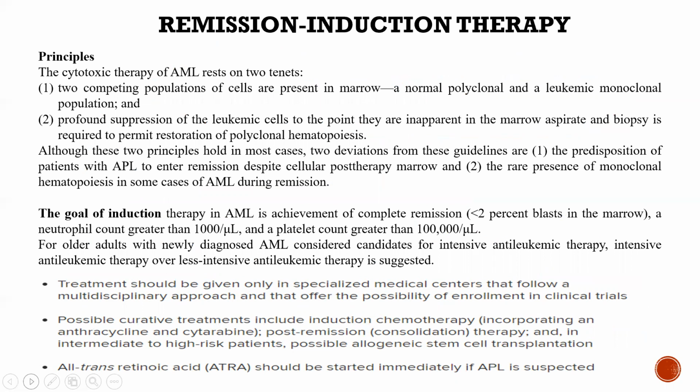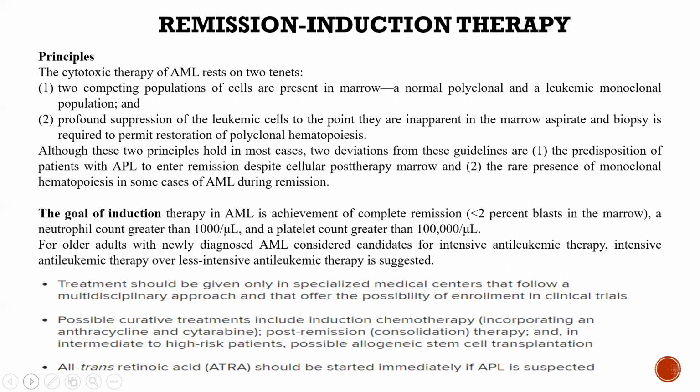In remission induction therapy, the principle consists of 2 tenets. Competent populations of cells are present in the marrow, normal polyclonal and leukemic monoclonal populations, and profound suppression of the leukemic cells to the point they are inapparent in the marrow aspirate and biopsy is required to permit restoration of polyclonal hematopoiesis.